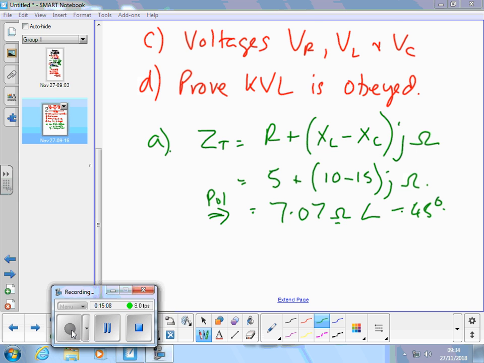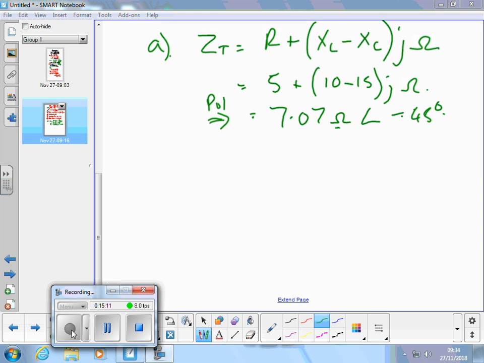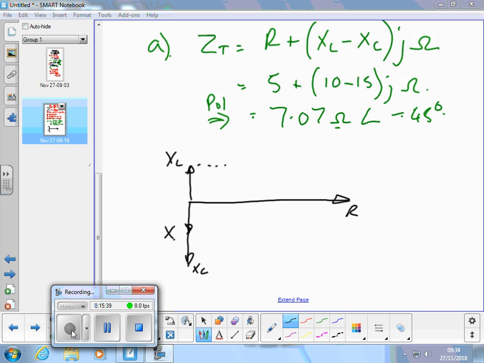Yes. Like I said, you may well be expected to sketch a phasor diagram in the exam. So we'd have R in here, we'd have XC there. I'd expect you to show me that there's a size difference between the two, XL, and a resultant reactance in here, X, XL minus XC, the overall reactance, and we get an impedance in there, Z, and the angle is negative.